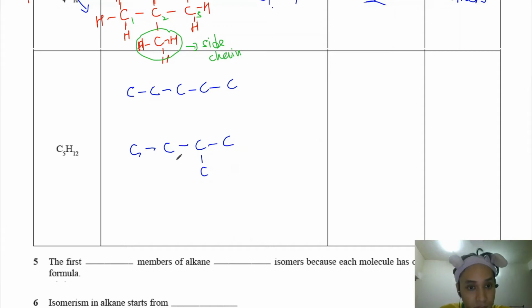Or I change this into 3 carbons, 1, 2, 3, and then another 2. If I put it like this, it's the same thing as the first one, because you are only rotating this part downwards. So if 2 carbons, where can I put it? In the middle, meaning I put it like this, on a 3 carbon chain. So this will be a different structural formula. That is for alkane.